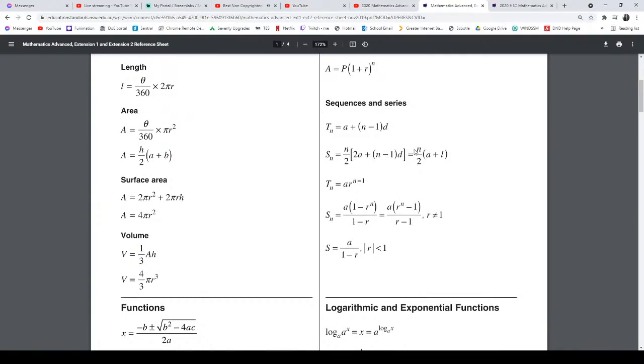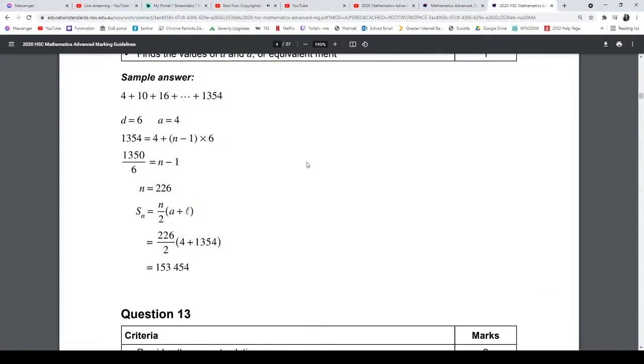Now this sum here must tell you the number of terms in a sequence, I suspect. So A and D. If A is 4 and D is 6, and we know the number, oh yeah, of course. So the number we want to get to is 1,354.